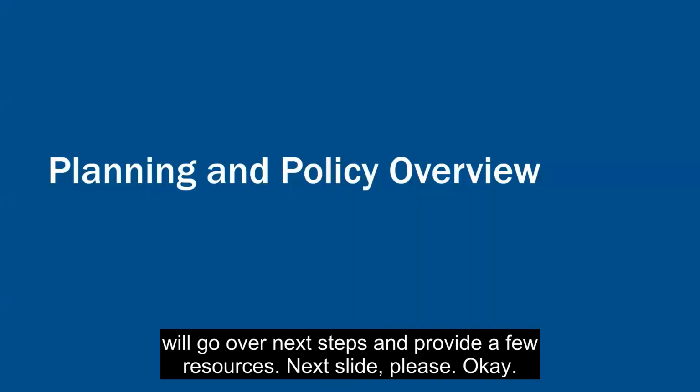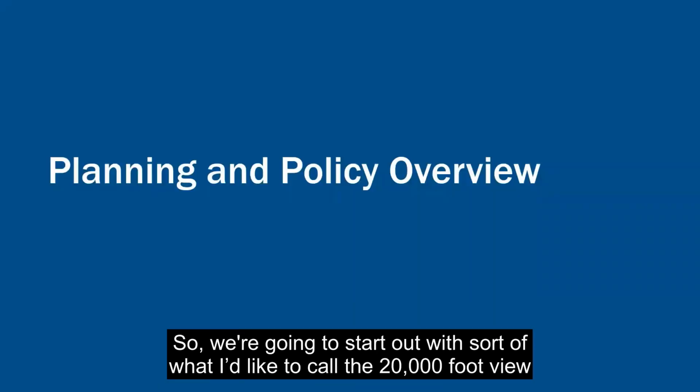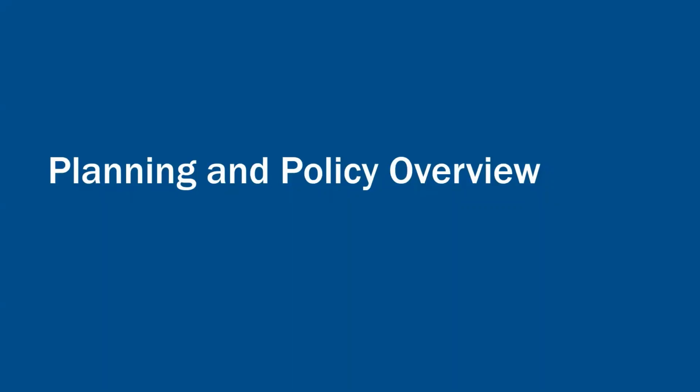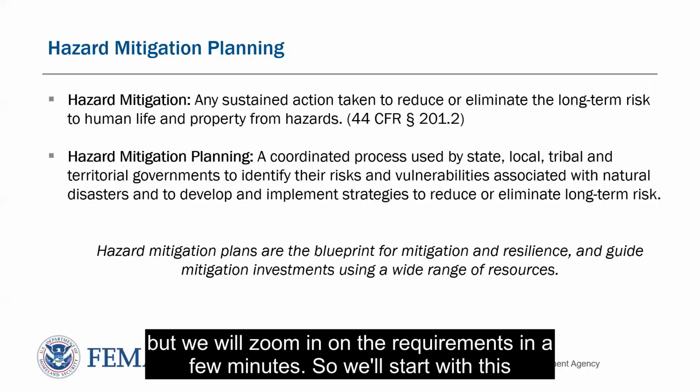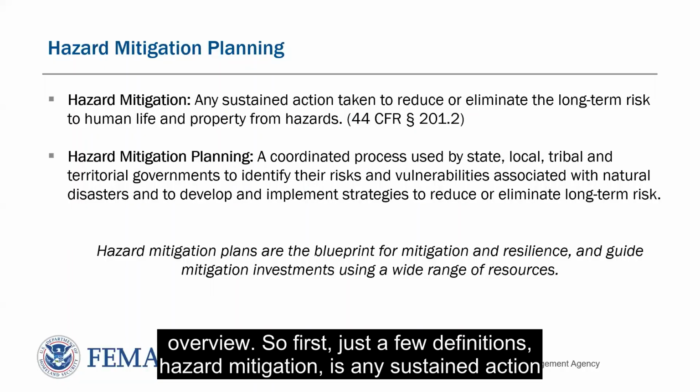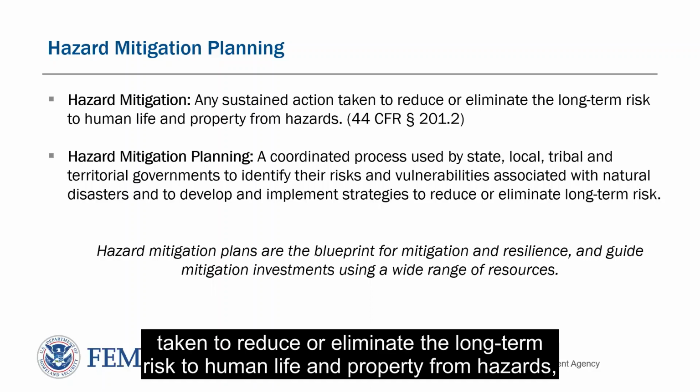Okay, so we're going to start out with sort of what I like to call the 20,000-foot view, but we will zoom in on the requirements in a few minutes. So we'll start with this overview. First, just a few definitions. Hazard mitigation is any sustained action taken to reduce or eliminate the long-term risk to human life and property from hazards.